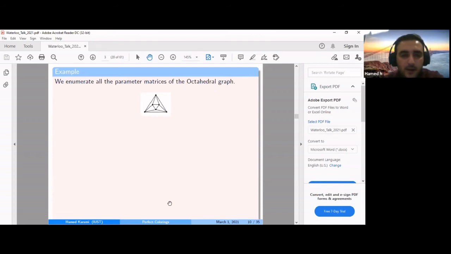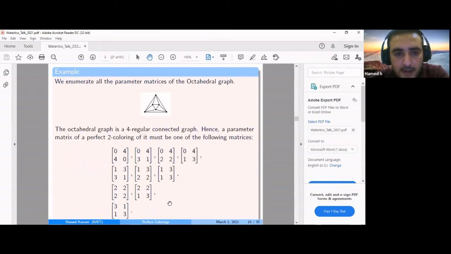Well, we are going to enumerate all the parameter matrices for the octahedral graph. The octahedral graph is a four-regular connected graph, hence the parameter matrix of a perfect two-coloring must be one of the following matrices. At first, we provide a list of matrices in which the sum of each row is equal to 4.